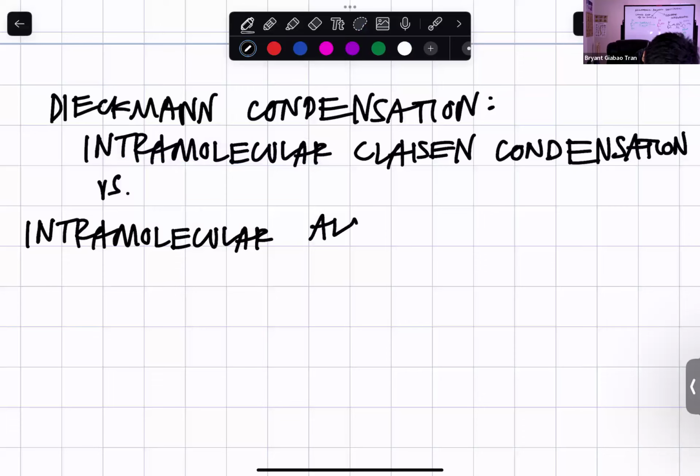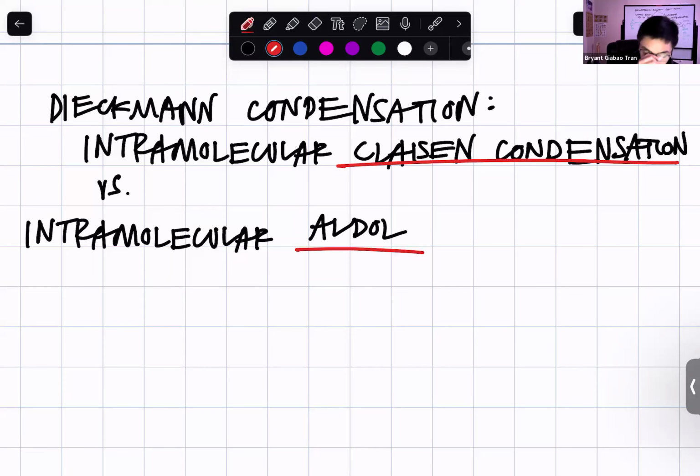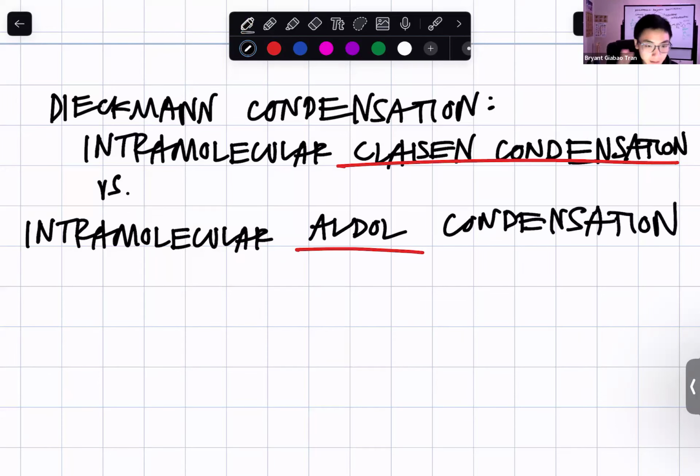Okay. So the difference here is that Dieckmann condensation is a Claisen condensation, which is completely different than an aldol reaction, aldol condensation. Because with aldol, there are two reactions to it.